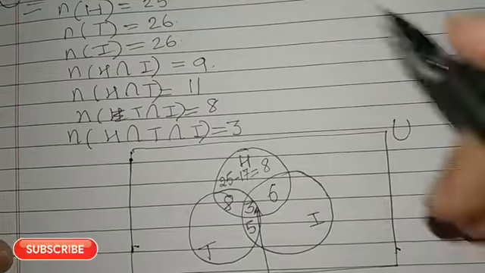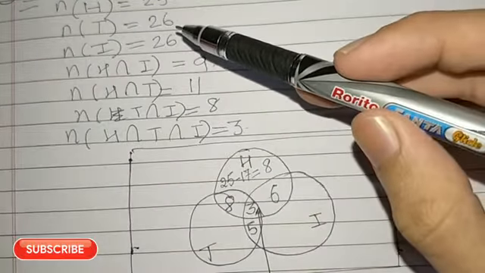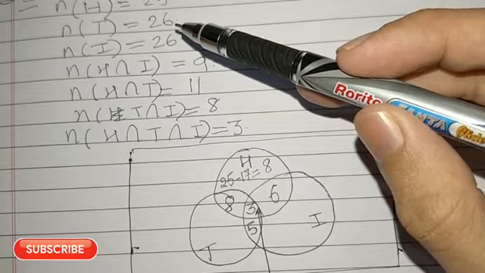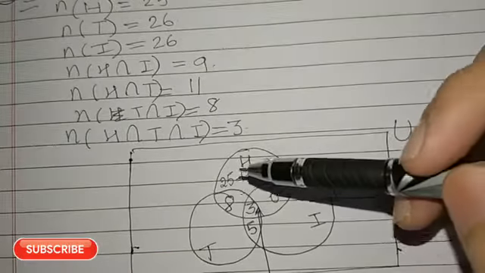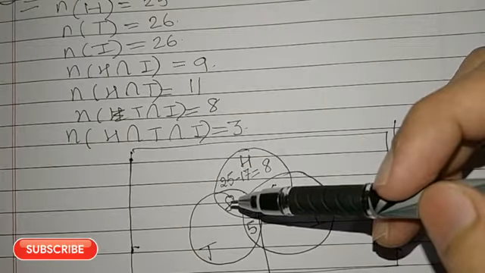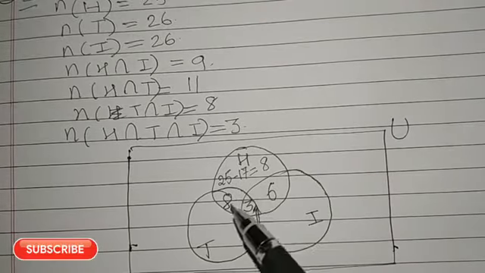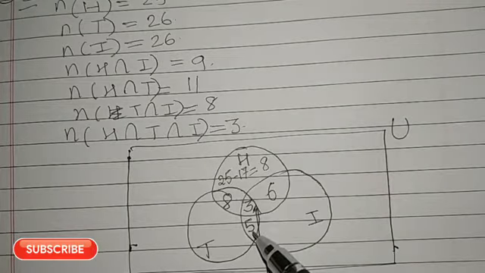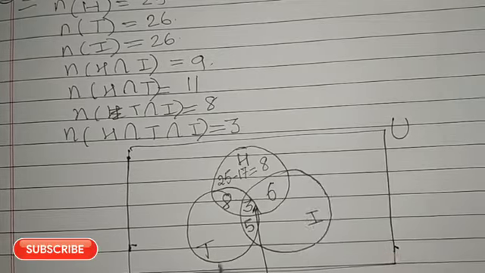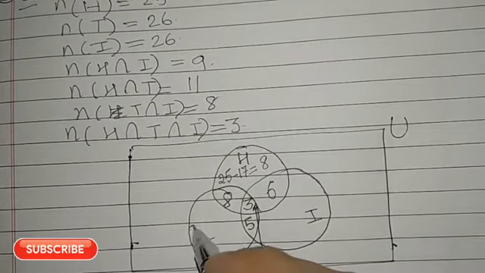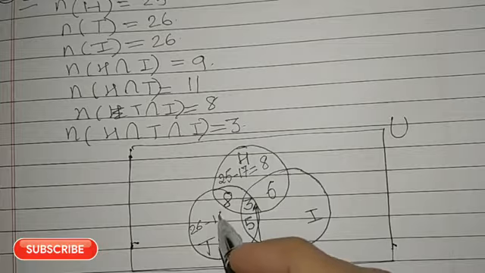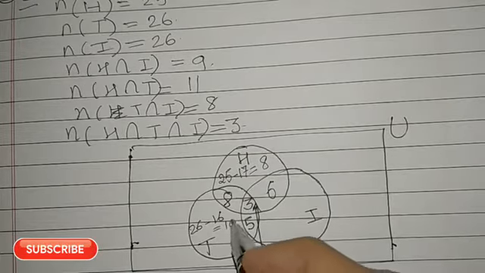Now similarly, you look at the number of people who like the newspaper T. That is given to be 26. You have to subtract 8 plus 3, 11, 11 plus 5, which is 16. You have to subtract 16 from 26. So 26 minus 16 is equal to 10.